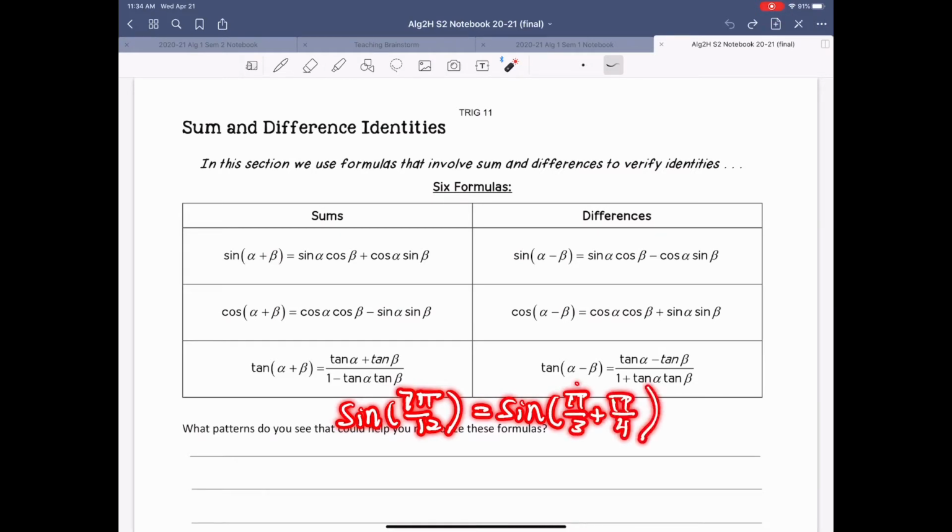And then I can plug in pi over 3 for alpha and pi over 4 for beta. And since I can evaluate all of the trig functions at these special angles, I will easily find the answer to the sine of 7 pi over 12. So essentially, the sum and difference identities exist to help us evaluate more complicated angle trig measures, okay?